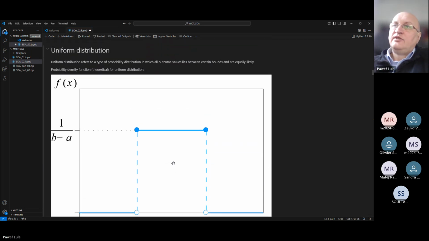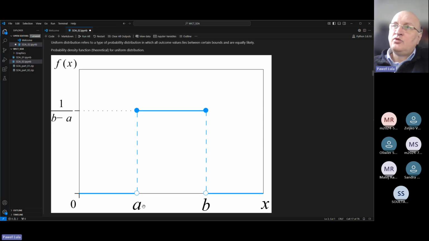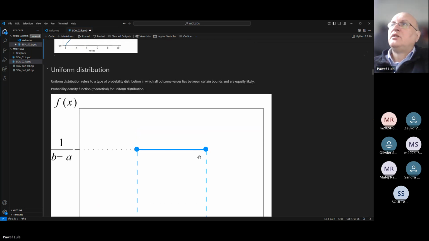And the main information, the main assumption about this distribution is here, that for all values from this range, from A to B, the probability of their occurrence is the same.